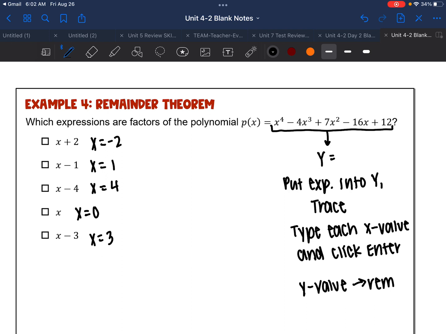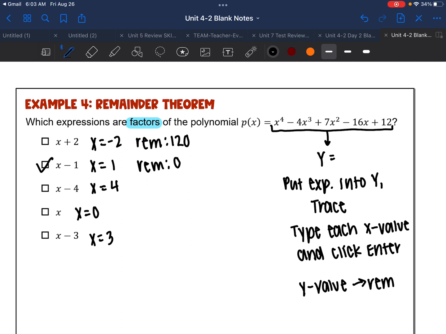But if you click trace and you type -2, enter, the y value that you get should be 120, okay? That is your remainder. Again, it is asking for the factors, which means it wants to know which of these have a remainder of 0. Same thing, if you click 1, enter, you should get a y value of 0, which means our remainder is 0, so we're going to check x minus 1.